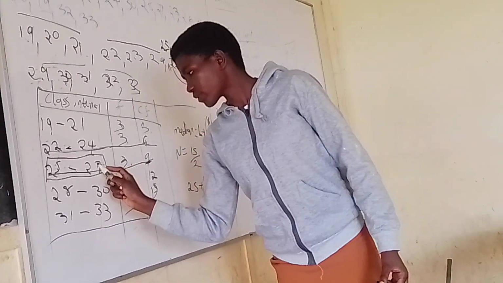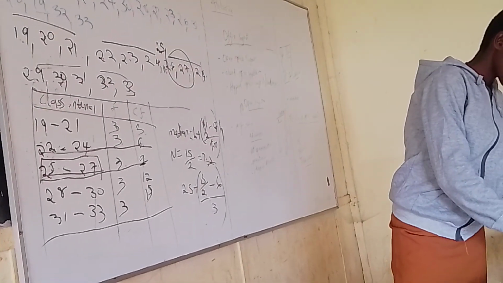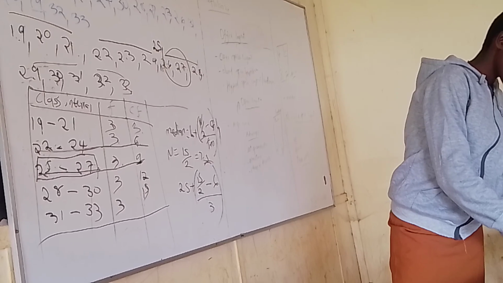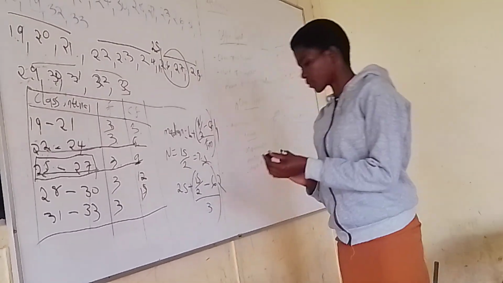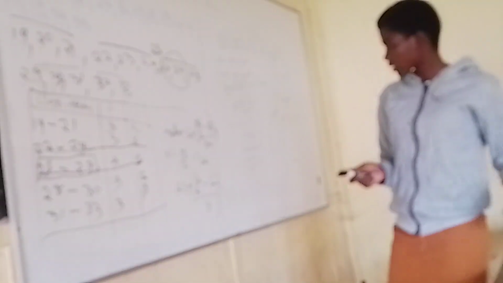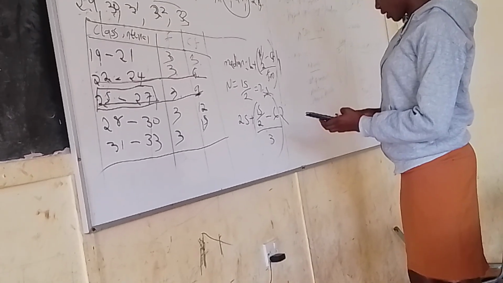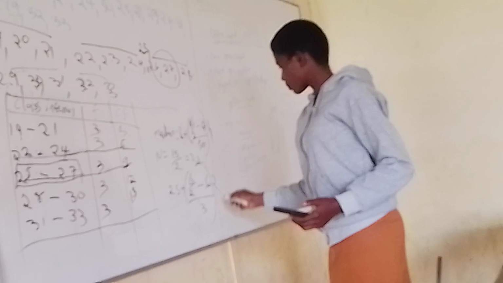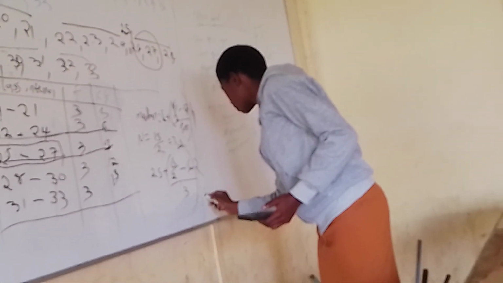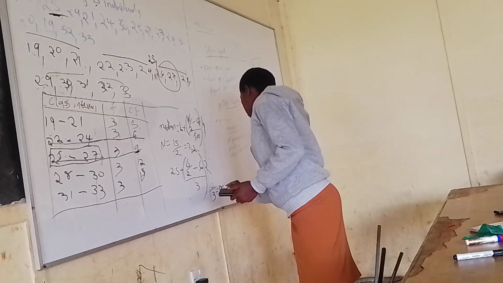h is the class width, so we take 27 minus 25. What's 27 minus 25? 2. So h is 2. Then we calculate 15 divided by 2 is 7.5. 7.5 minus 6, you get 1.5. Divide by 3, you get 0.5.